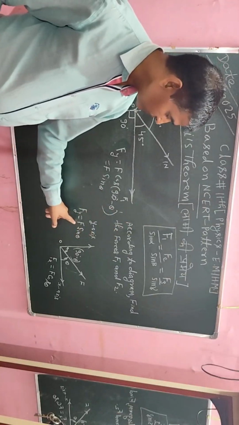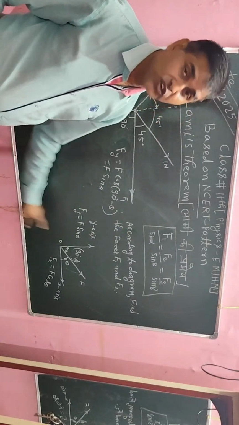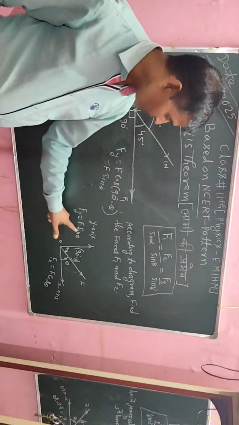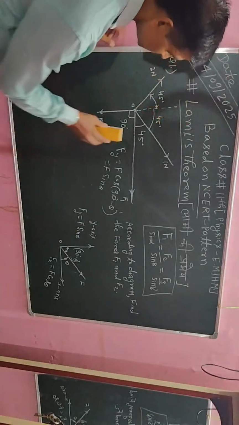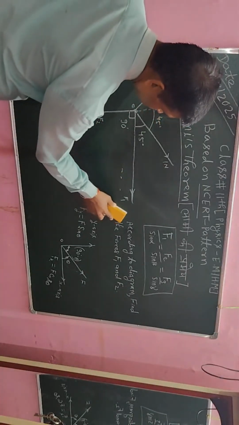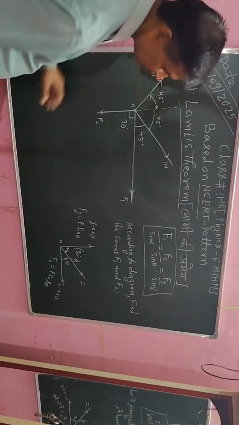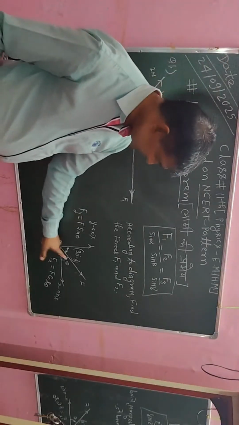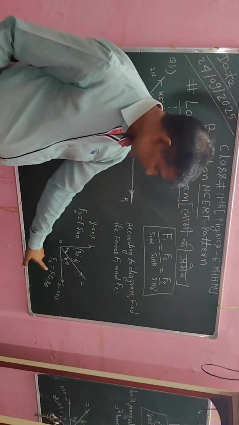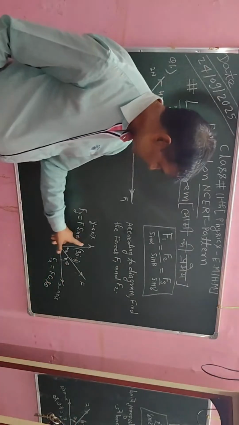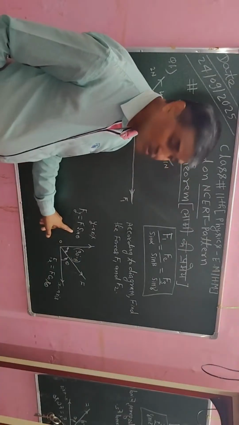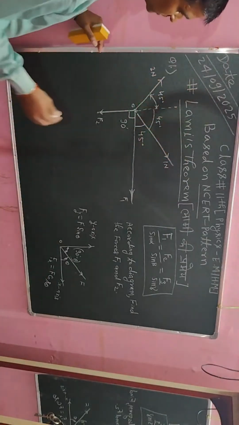So F sin theta, F is the magnitude of the force F, and also here sin theta is taken. Okay, so I have explained that concept here. Now if any force is given, I have to write this force into cos theta along this, and force into sin theta along this.